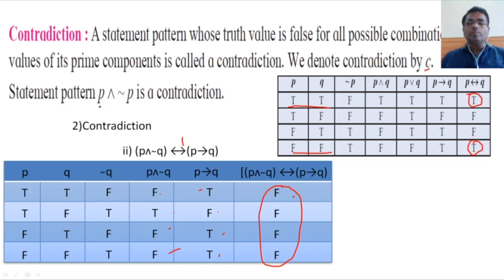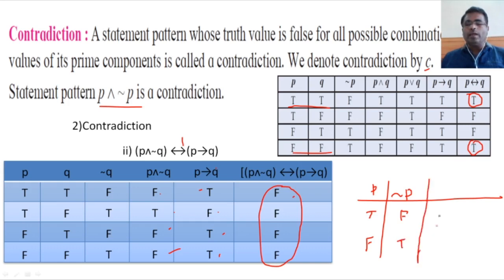The other example is also given here, P and negation P. If you consider a statement P here, then its possible truth values are true and false, because we have a single statement. Then negation P has the opposite values, that is false and true.